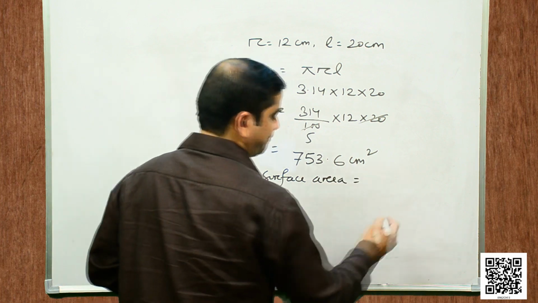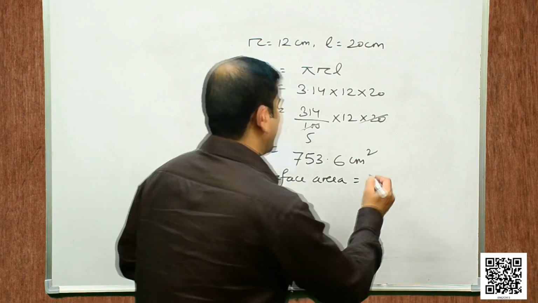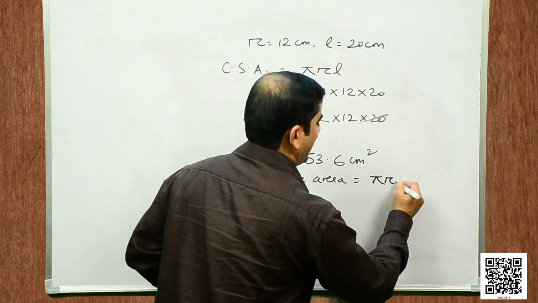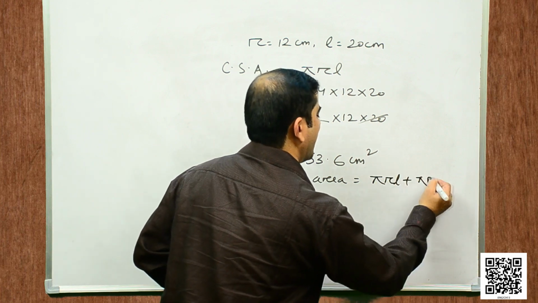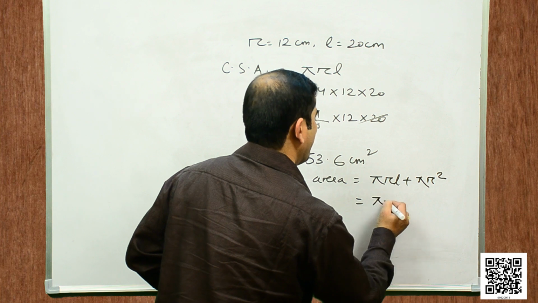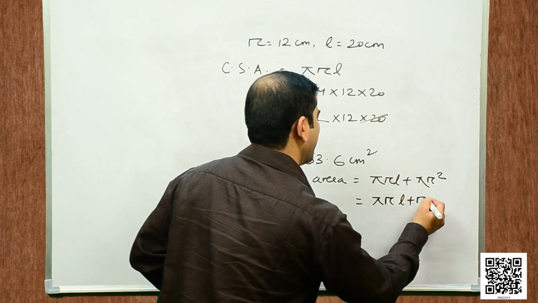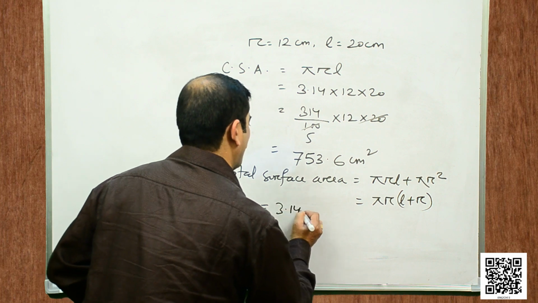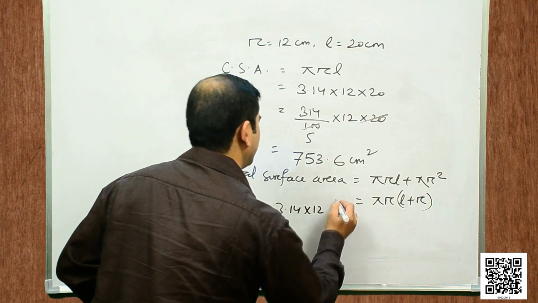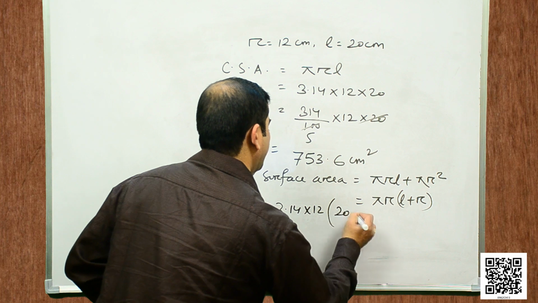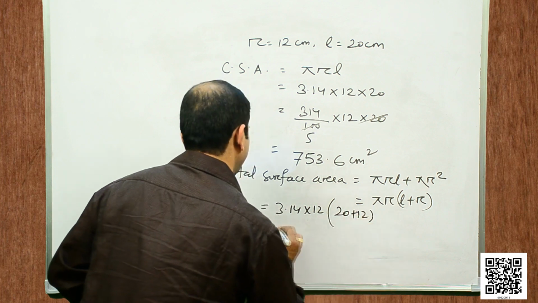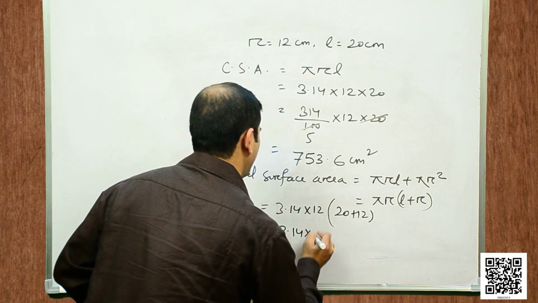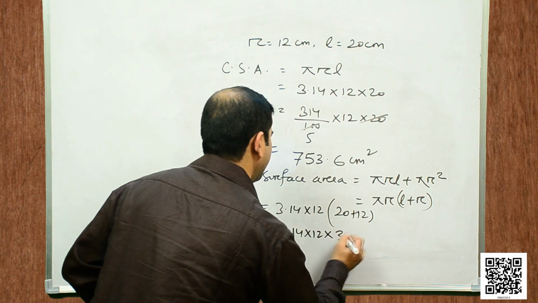Total surface area is equal to pi r L plus pi r square, or we can write pi r (L plus r). So, that is equal to 3.14 into 12 whole multiplied by (20 plus 12), which is 3.14 into 12 into 32.